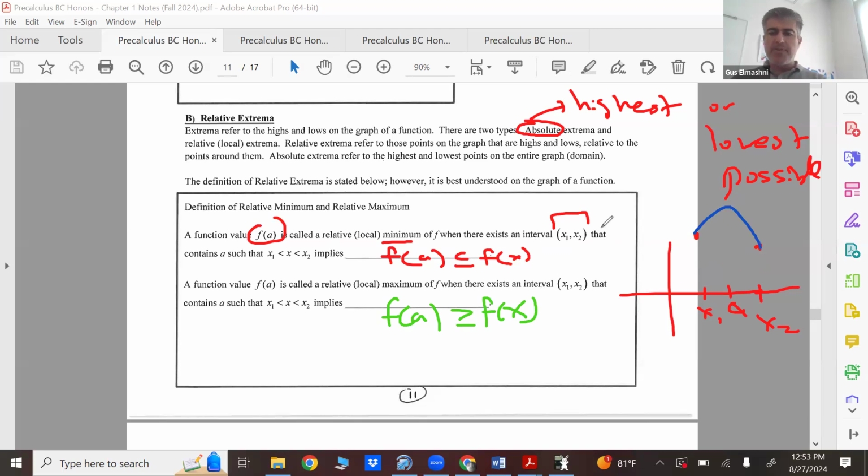And going back to that previous example, if I drew tangent lines, notice that the tangent line was negative before I got to A, and then switched to positive after A. You see that transition, right? From falling to rising. That tells you you have a relative min.